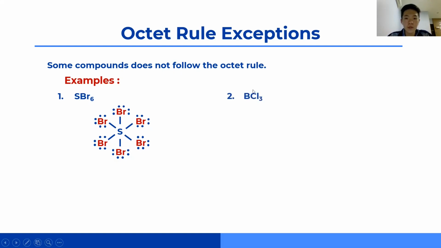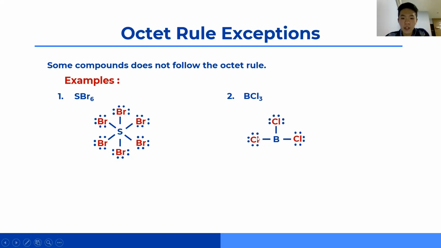For the second example, we have boron trichloride. So boron is the central atom because the number is less compared to chlorine, and chlorine surrounds it, joined by a single bond.